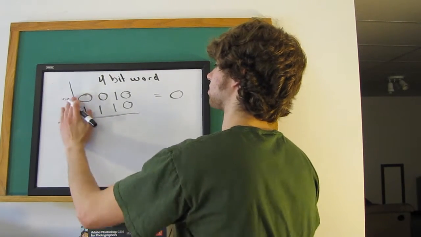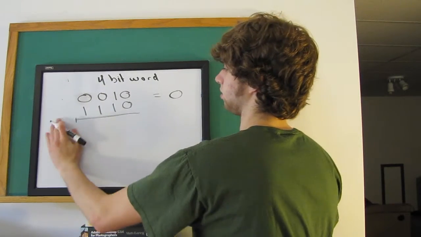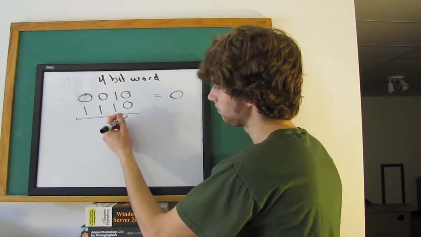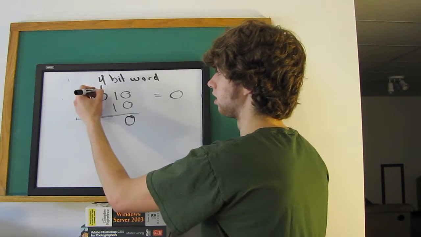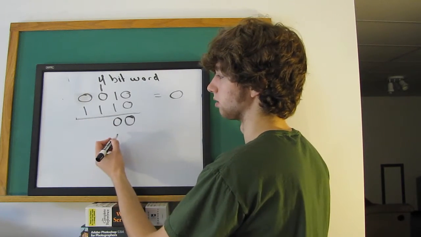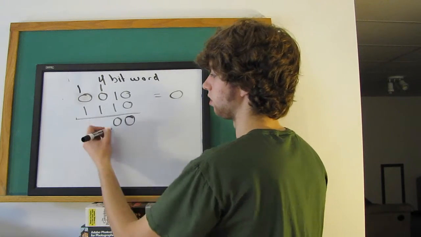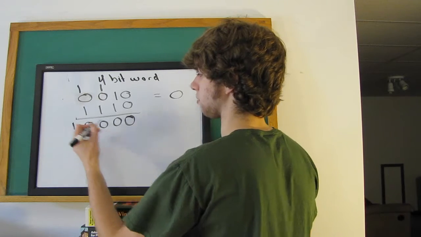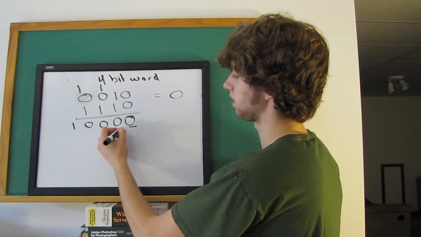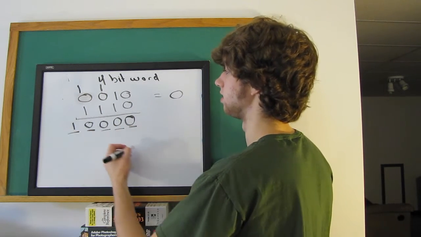So we can just ignore this over here. We add these together. 0 plus 0 is 0. 1 plus 1, we have to carry the 1, drop a 0. 1 plus 1, carry the 1, drop a 0. 1 plus 1, carry the 1, drop a 0. So this is the 1's place, 2's place, 4's place, 8's place, 16's place.